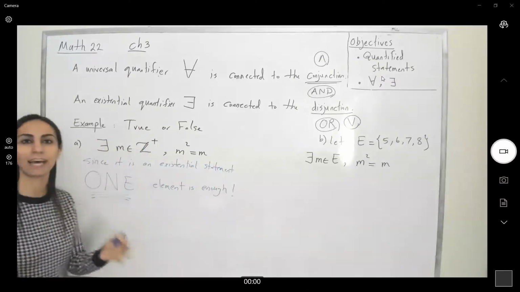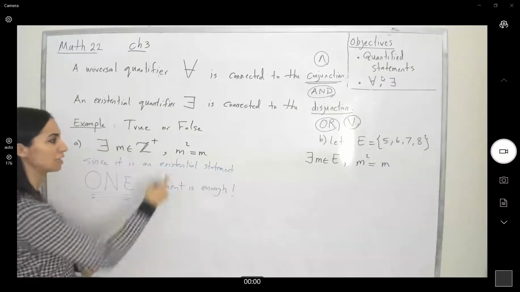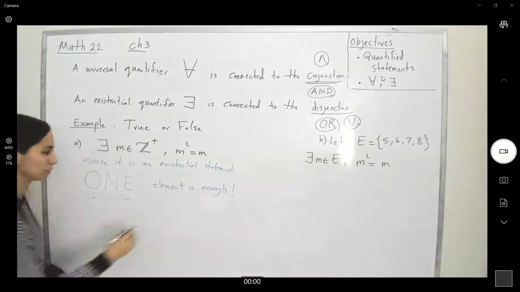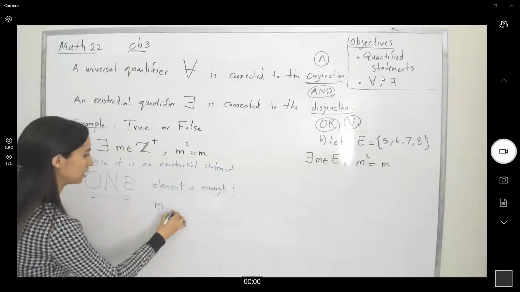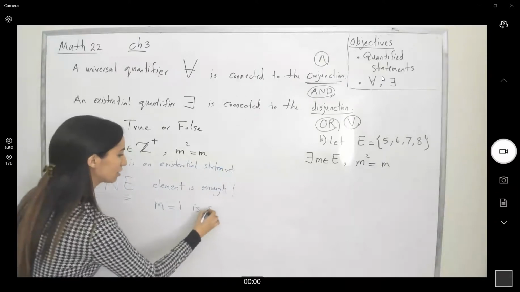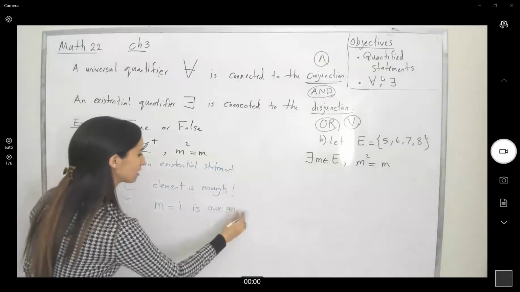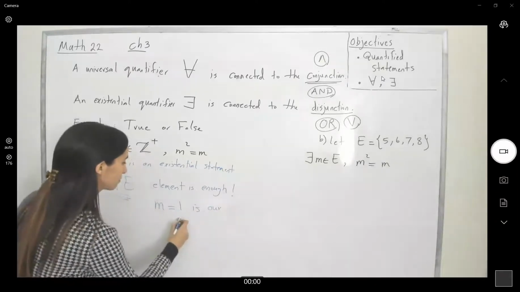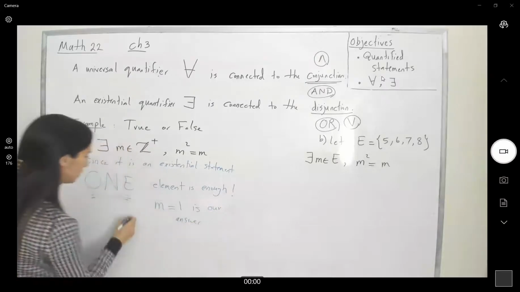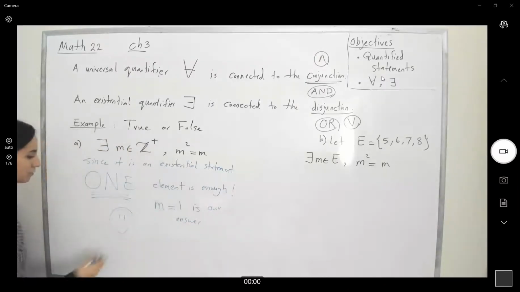Can you find that one member? Of course. M, for example, is equal to 1. M equals 1 is our answer. So this is true.